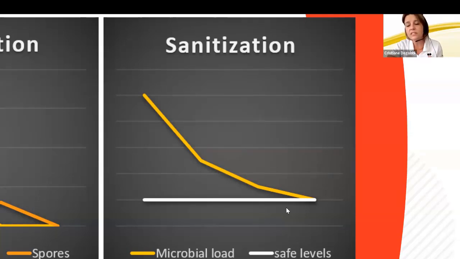In other countries, it means that you're going to use a product that will reduce microorganisms, but not as much as a disinfectant would, okay? Just check the terminology in your country. For example, in Brazil, it's very common for everyone to use sanitization, but all the products that you're going to see for hard surfaces that are registered for that, you're going to see as disinfectants. So this is as confusing as it can be.